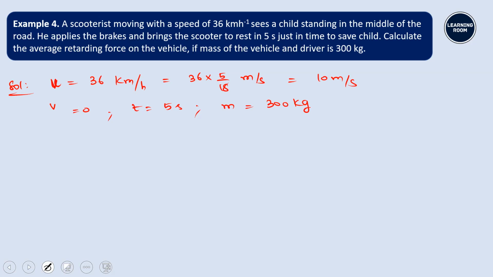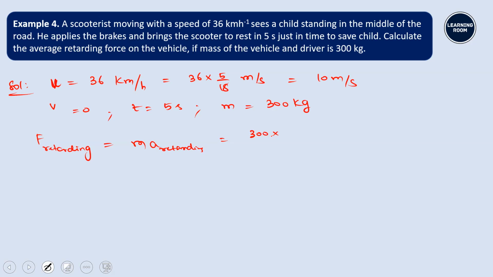Remember, the retarding force according to Newton's second law is again given as mass into acceleration. But in this case, the acceleration is going to be retardation basically. So when you calculate the retarding force, it is going to be mass into retardation. So mass is 300 into.